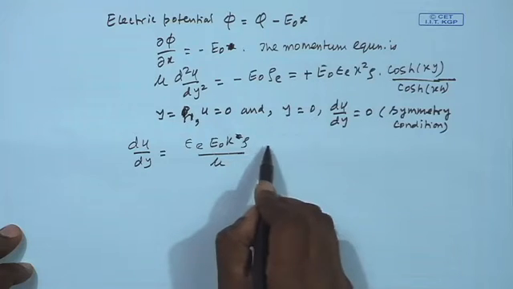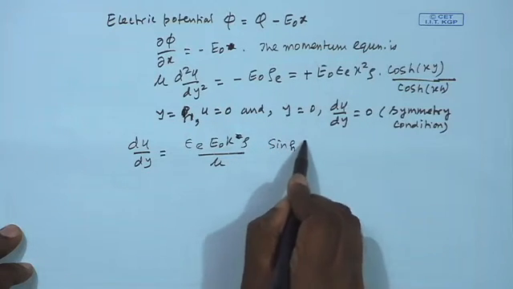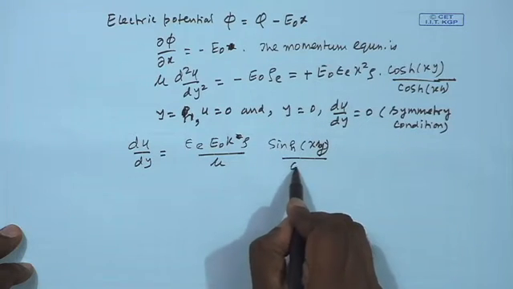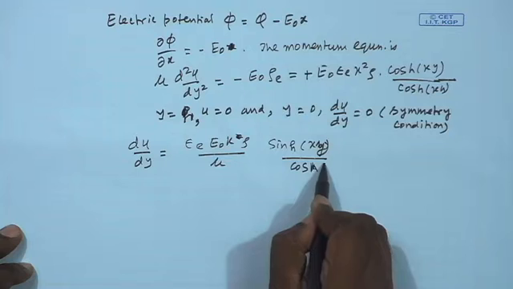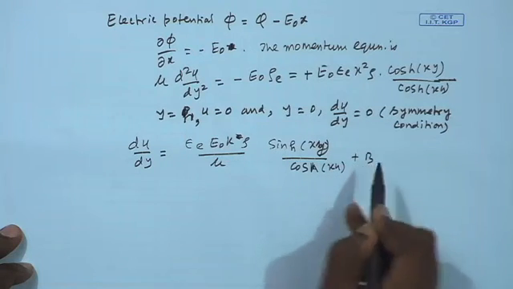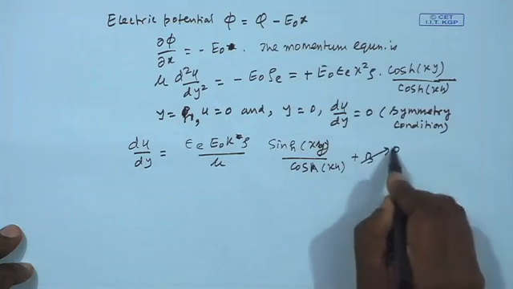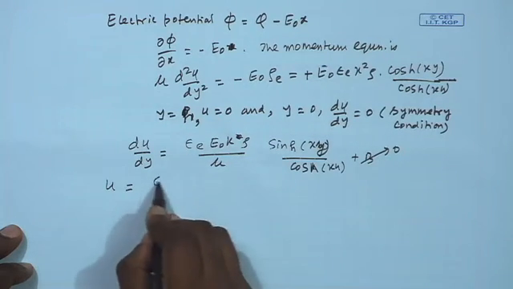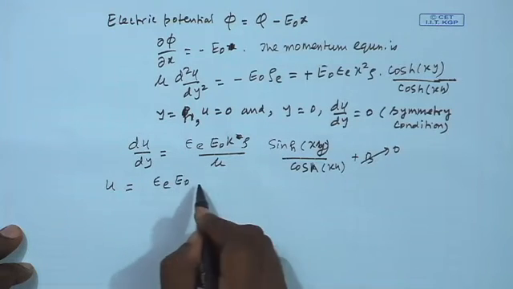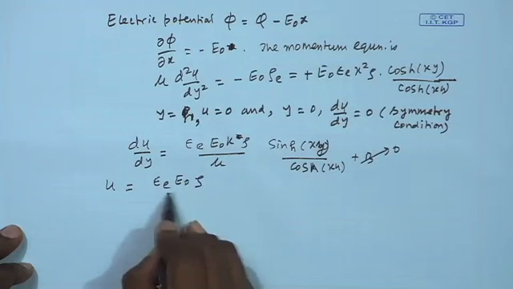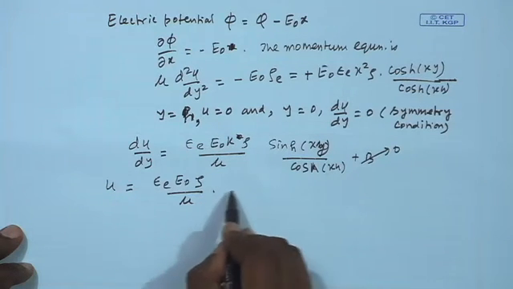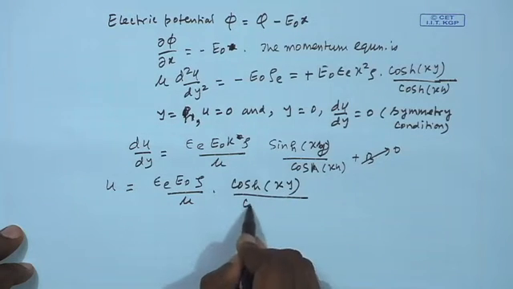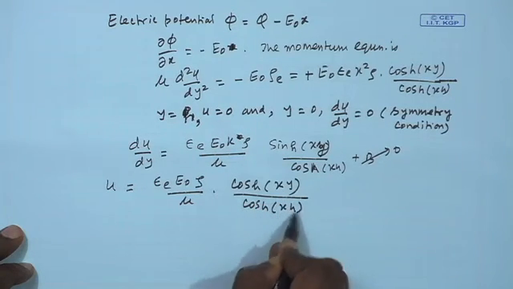So what we have is sin hyperbolic ky by cos hyperbolic kappa h plus b, where b becomes 0 because of the second condition. So now again if I integrate further, what I get is epsilon e E0 zeta by mu into cos hyperbolic kappa y by cos hyperbolic kh plus a.